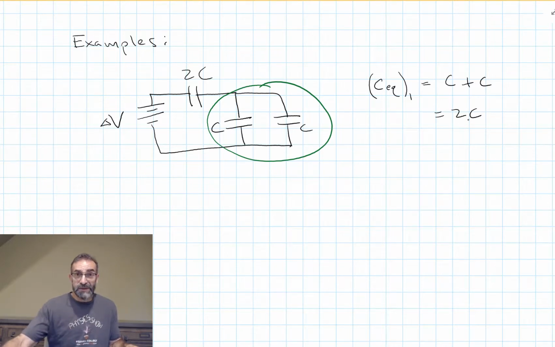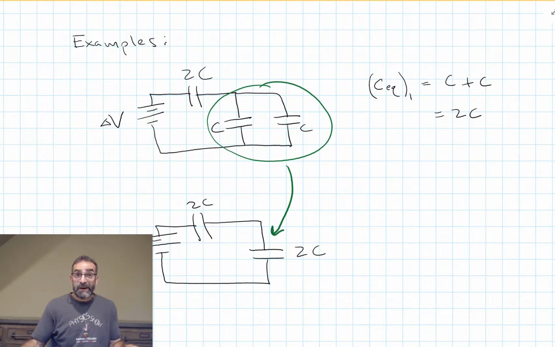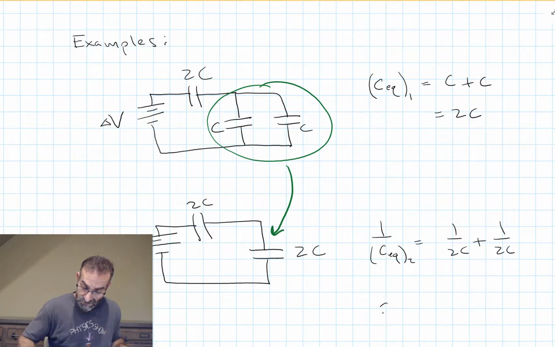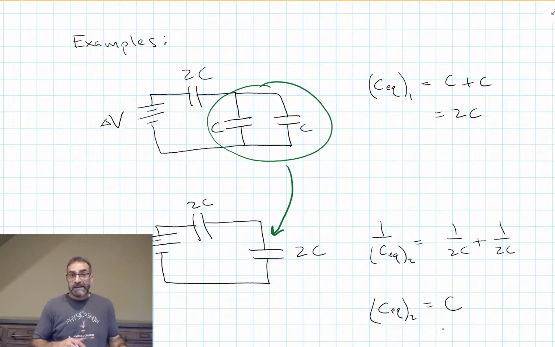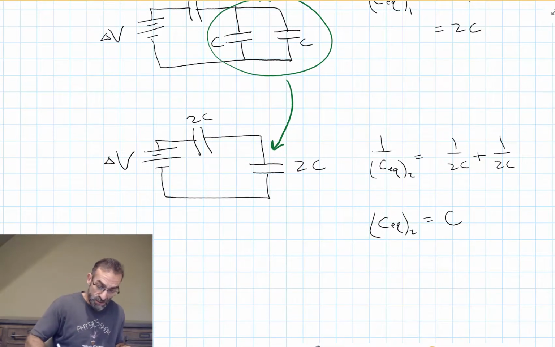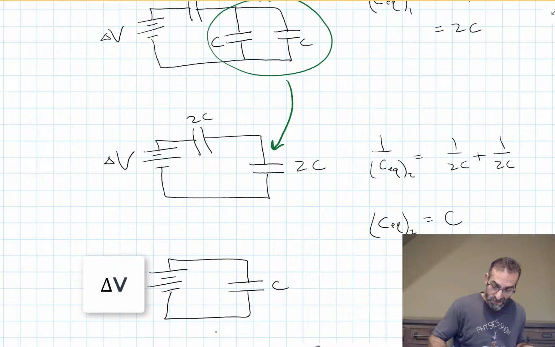I'll do that now. Now I look at this circuit and I say this is like 2 capacitors in series. And I know my formula for series capacitors. So the equivalent capacitance is just C. I can replace all of these with one capacitor, value C.